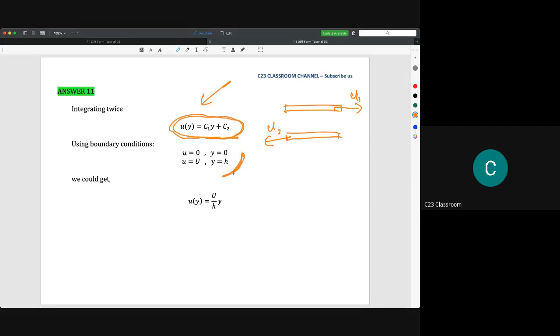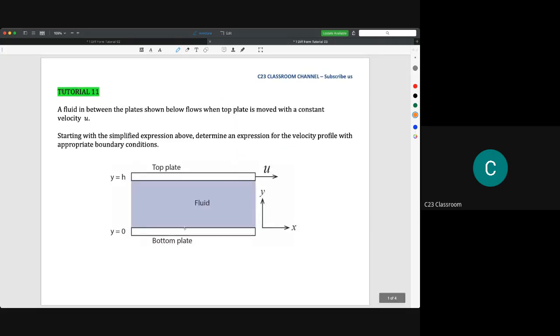At this one, y equal to 0, u is equal to 0.